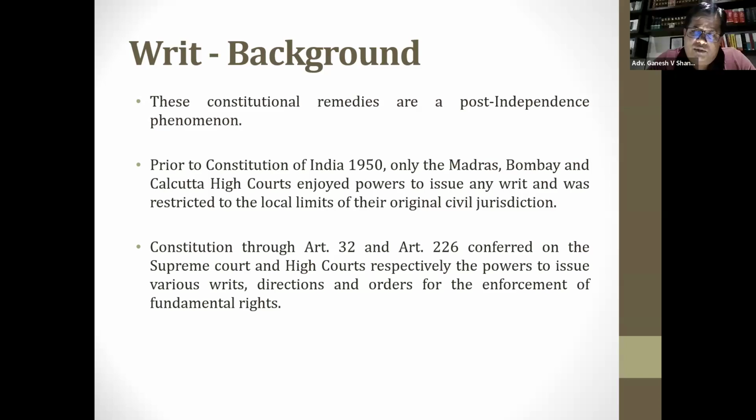This power was given to every High Court in the country, and also the Supreme Court, whenever a case is brought forward where there is a fundamental right violation, or where any other legal rights of the people are under question or violation.